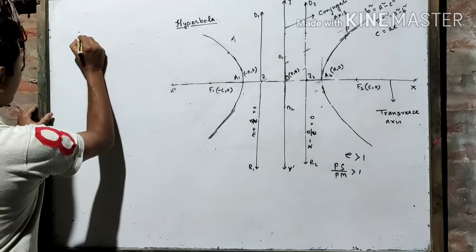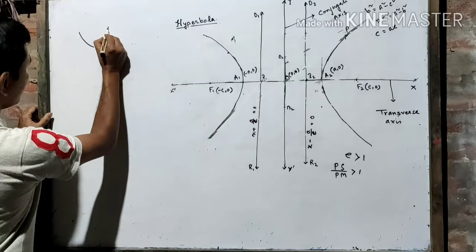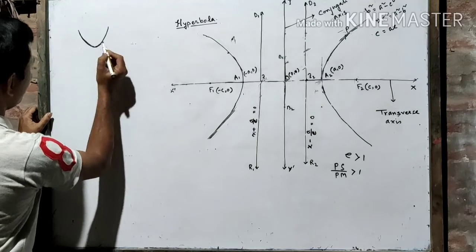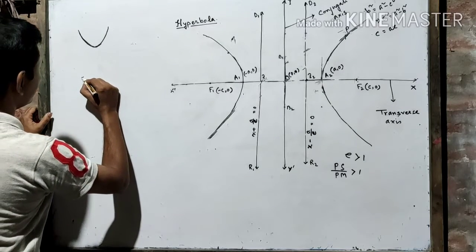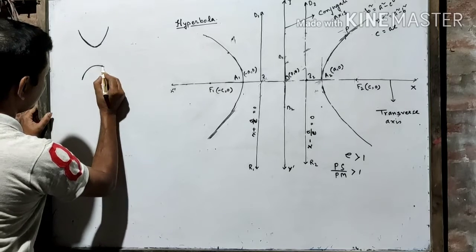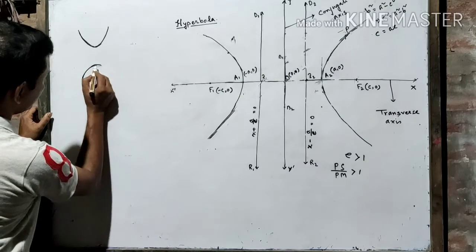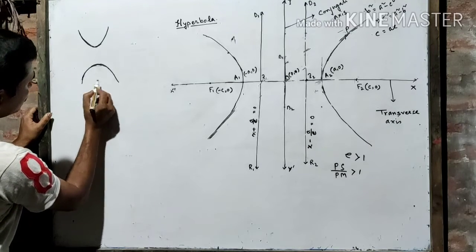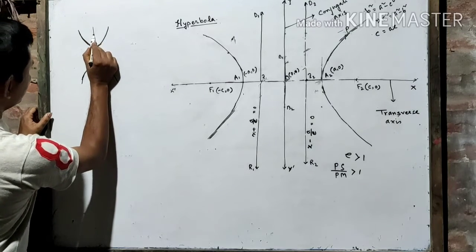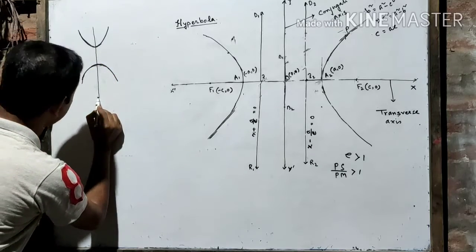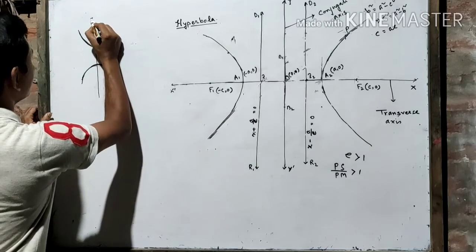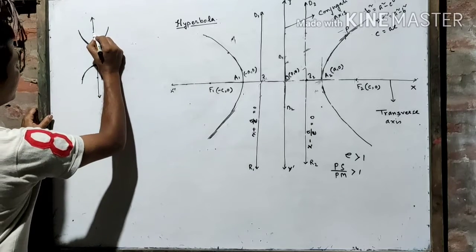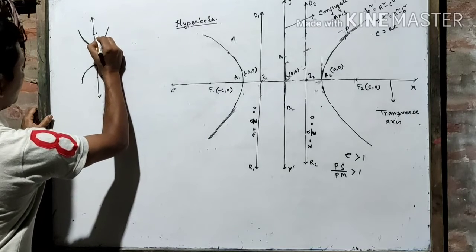Another type of hyperbola will be like this. In this case, the focus will lie on the y-axis, F1, F2.